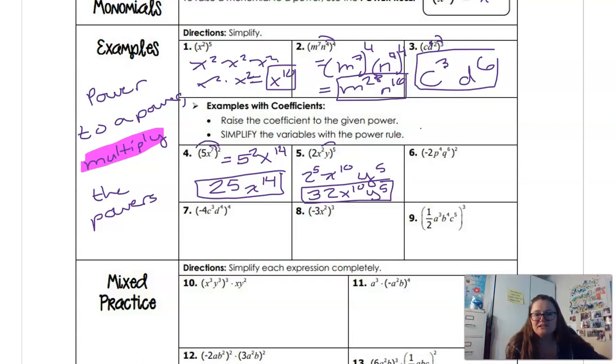So number 6 is going to be negative 2 p to the 4th q to the 6th, squared. So we're squaring everything inside of here. And this is one of those things that comes up. If you're using a calculator, which you probably should be, you have to be really aware. When you put negative 2 squared in your calculator, it's going to do 2 squared and then make that negative.